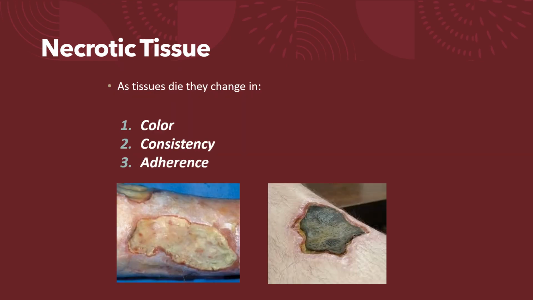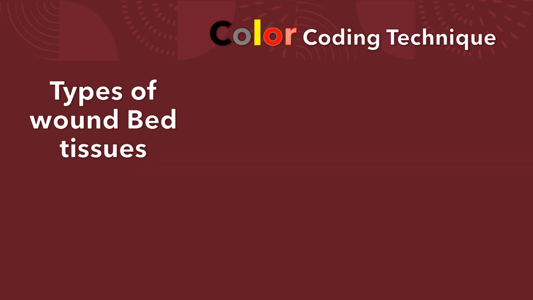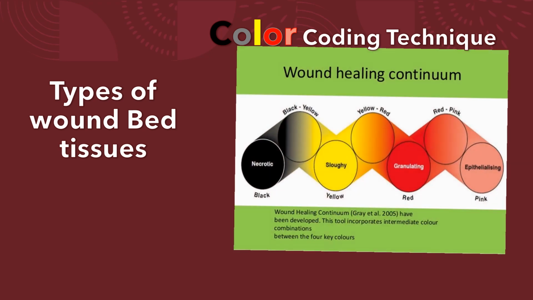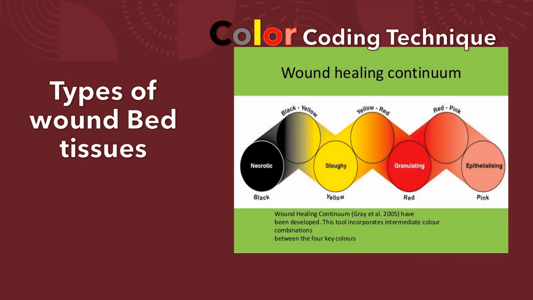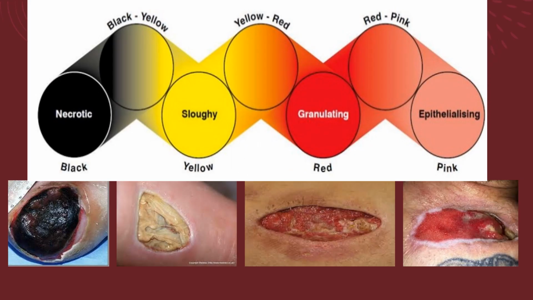When tissue dies, it changes in three ways: color, consistency, and adherence. What's the color coding for the wound bed? Any wound bed has a color, starting from black, gray, yellow, pink, red.